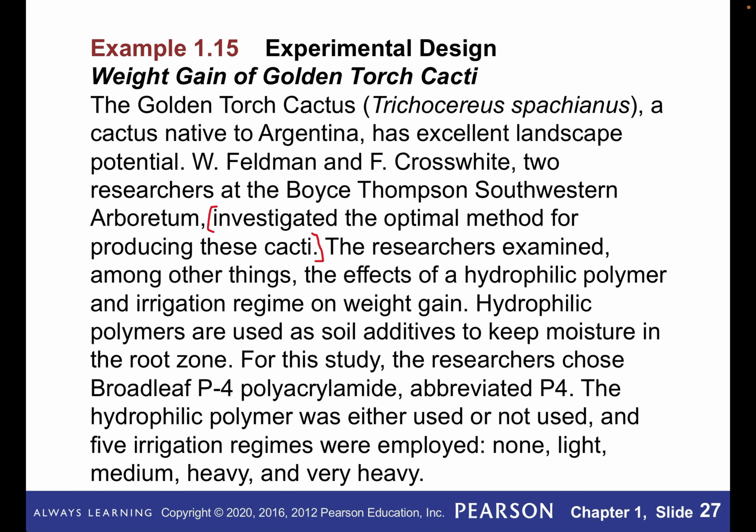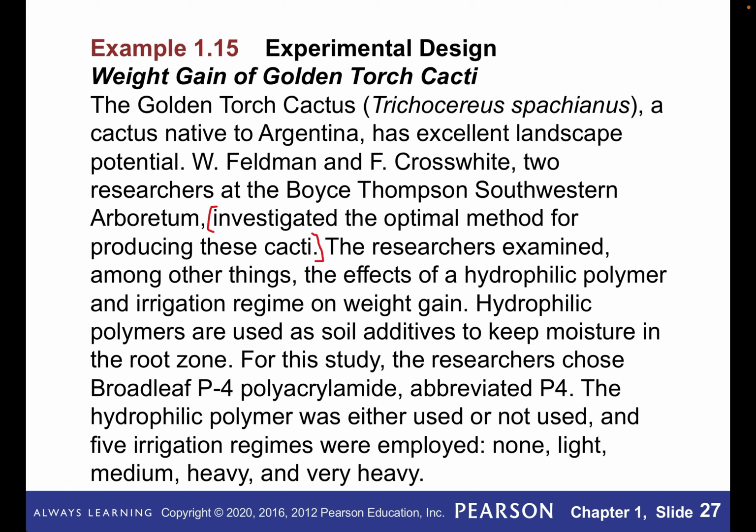In this example, we're going to have two factors. We're looking at cacti. In particular, the golden torch cactus is native to Argentina, and two researchers investigated the optimal method for producing these cacti.